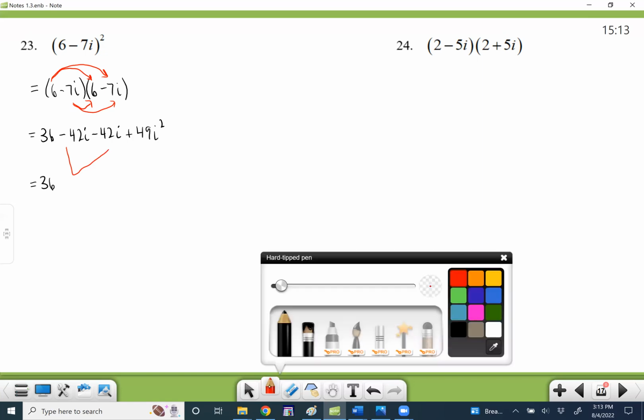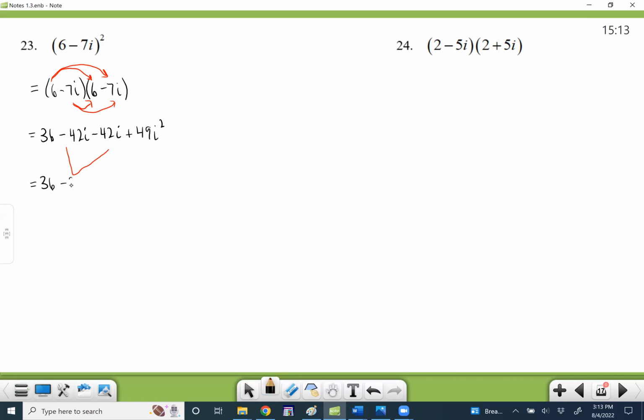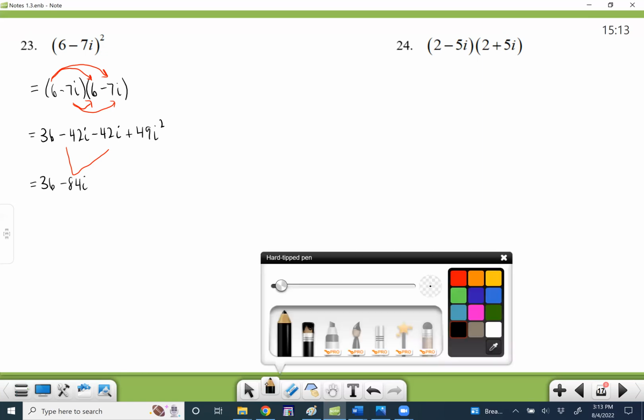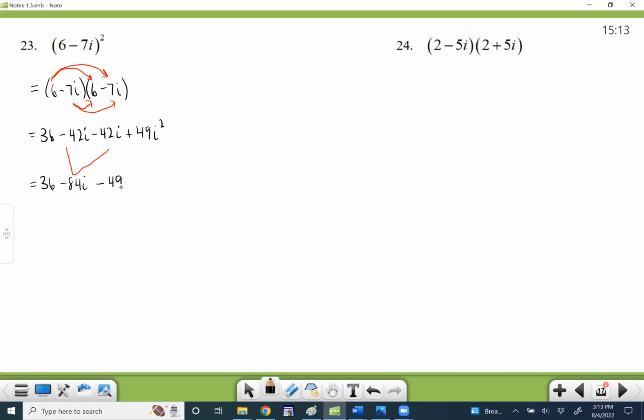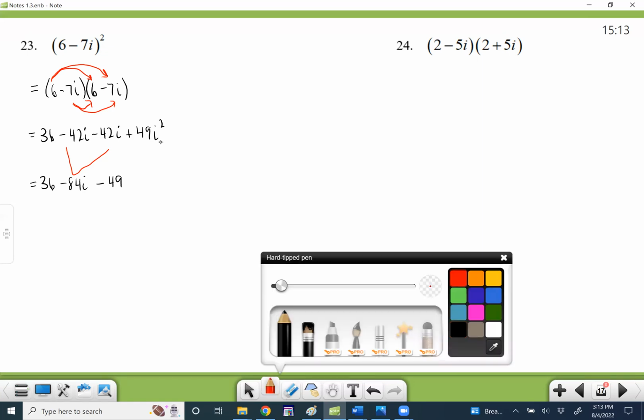Negative 42 and negative 42 make negative 84. And don't forget, we just talked about this. What is that i squared going to do to that positive 49? Well, it's going to make it a negative 49. That's going to save us some time if we can just know that i squared will change its sign.